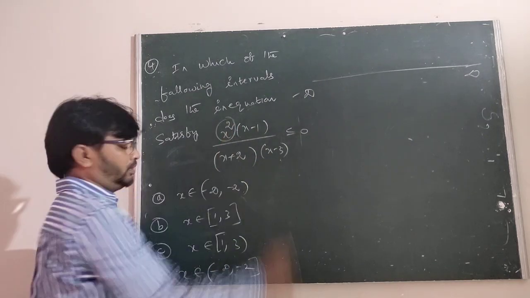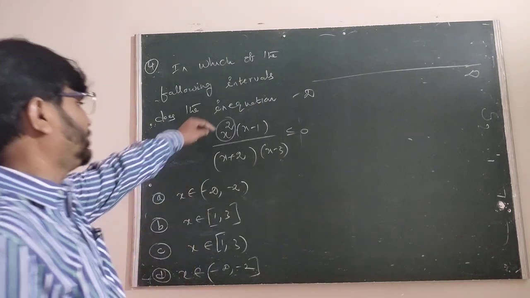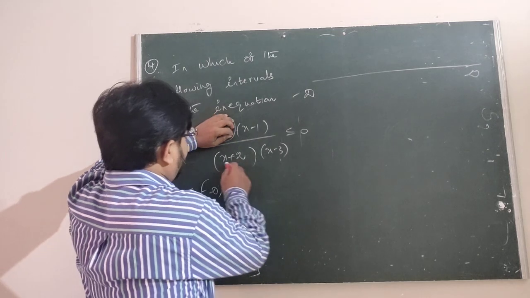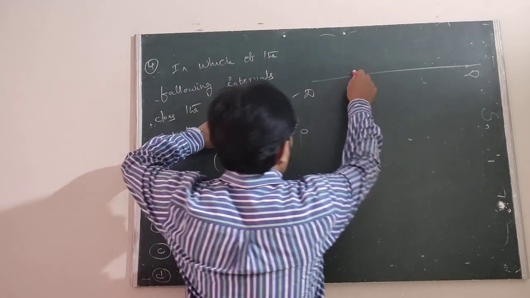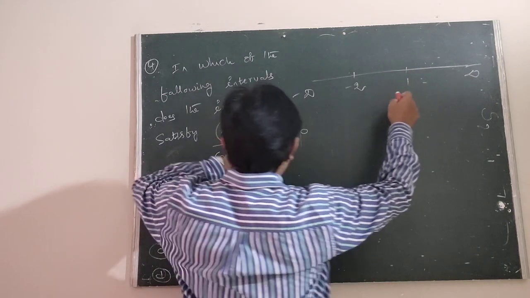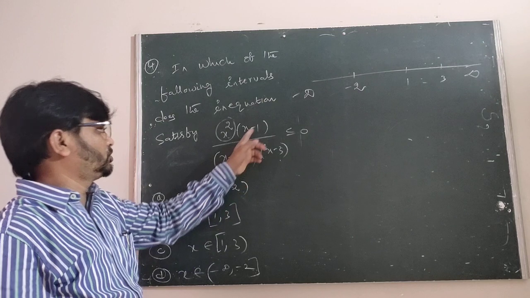Keep x square, which is repeated 2 times. Now we arrange the remaining ones: x equal to minus 2, 1, and 3.